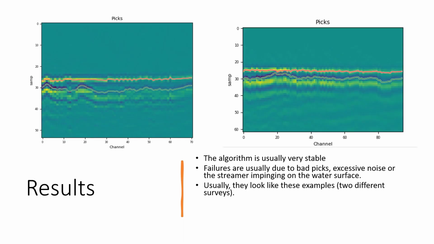And usually the results look like these two examples from two different surveys. So we get these picks of the primary in red. So these are flattened gathers, time and channel. We get these quite good picks of the primary and the ghost in blue or green or whatever it is. And the same over here.